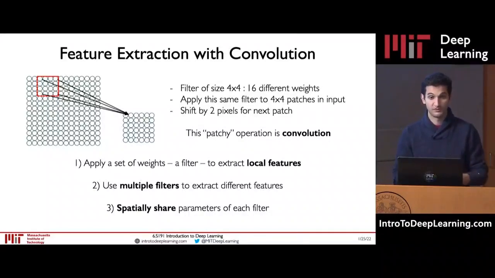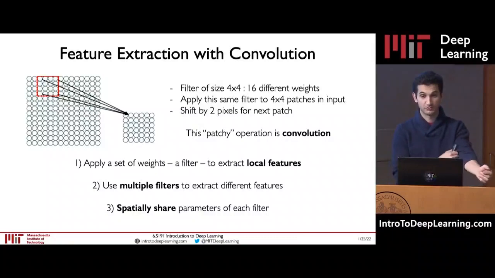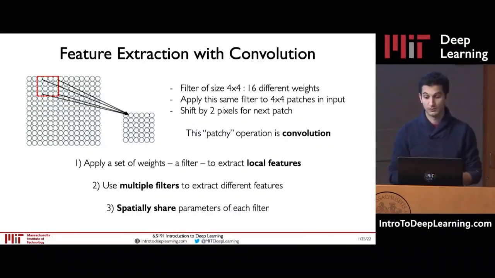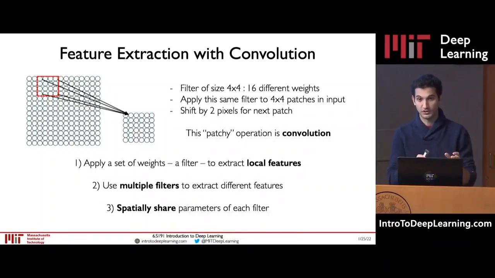Now, I'm going to walk through a very brief example. So suppose we have a 4x4 patch, which we can see in red on the top left illustration. That means that this patch is going to have 16 weights. So there's one weight per pixel in our patch. And we're going to apply this same filter of 4x4 pixels all across our entire input.